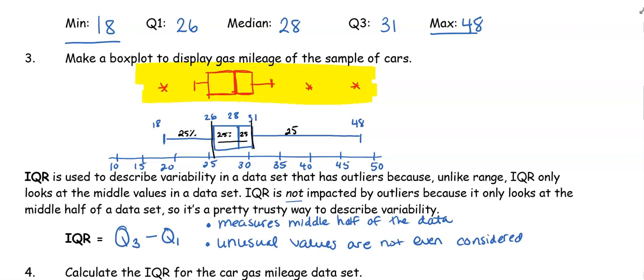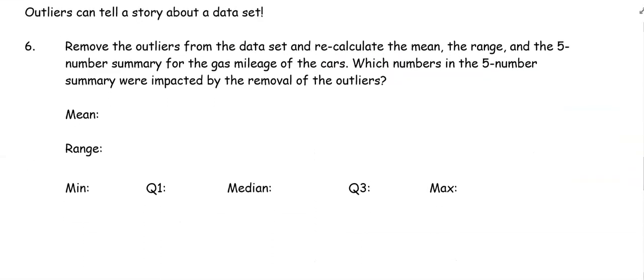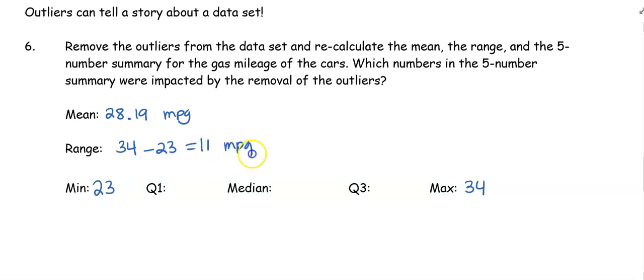Now, when you turn to the next page, there's quite a few questions, and it's saying if we were to remove the outliers from the data set, how would it affect my numbers? And we kind of saw that already. Our average, I'm just going to tell you, would change to 28.19 miles per gallon. The range, if we saw in our box plot, our smallest value is now 23 and our largest is 34. So our range goes from 30 down to 11 miles per gallon.